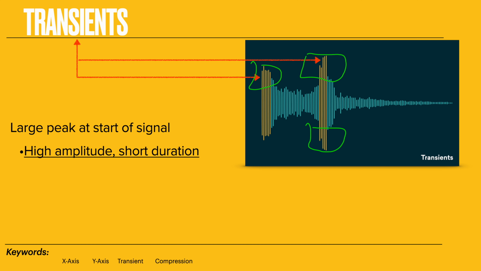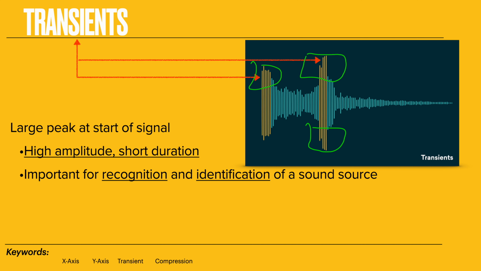In other words, it doesn't go for very long on the y-axis or the x-axis, or the time. The thing to take away about transients is that it gives you a visual side of looking at a waveform, so you can identify if this is a drum or a bass or a vocal or whatever it is. It'll give you a hint about what that instrument is.